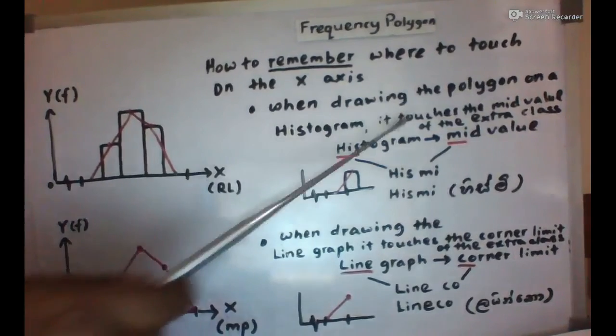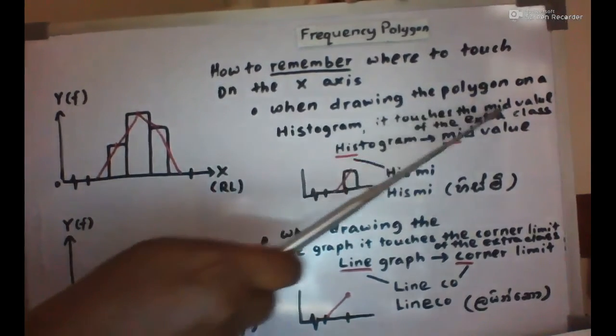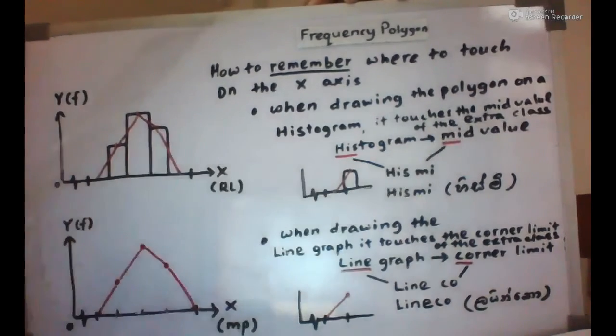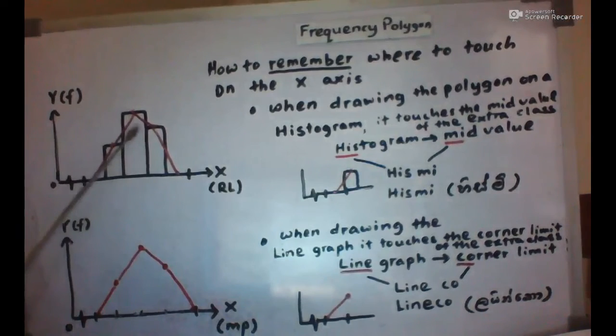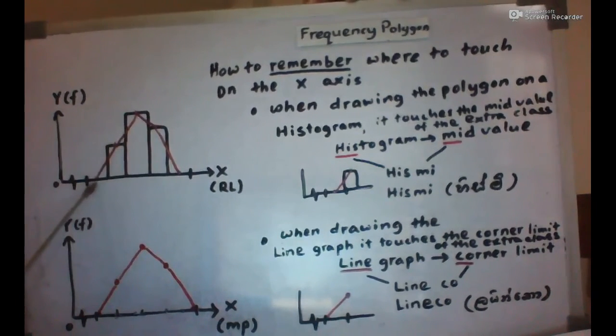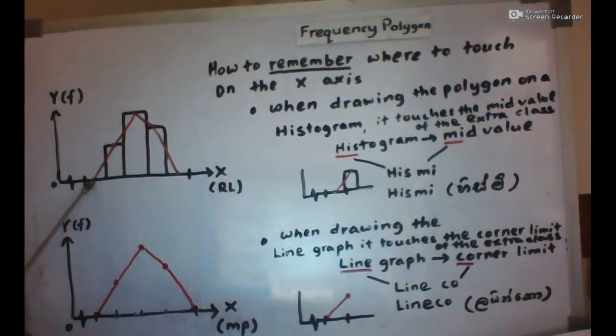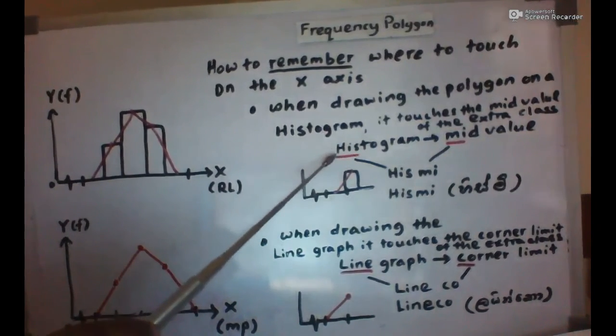When drawing the polygon on a histogram, it touches the mid value of the extra class. If you are using this method, when drawing the polygon on a histogram, it should touch the mid value of the extra class here.